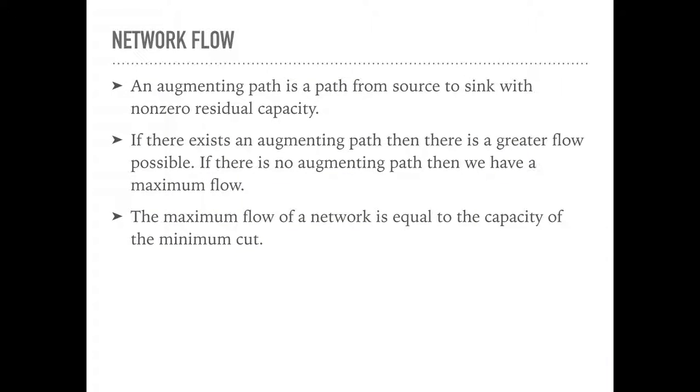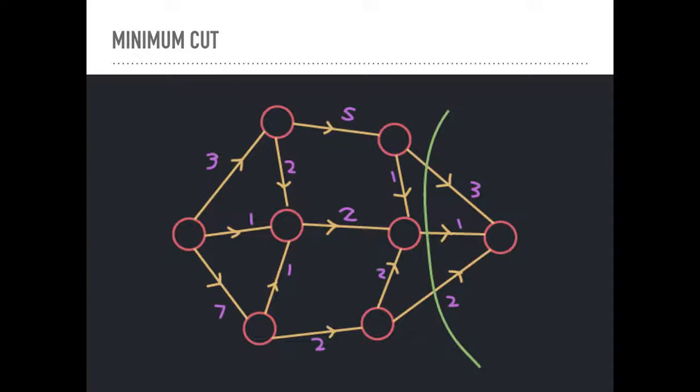So the minimum cut is the maximum flow, because the flow originates at the source, has to get to the sink. It has to pass through this cut, has to pass through all 3 of these edges. And so these 3 edges can only accept 6 in total.